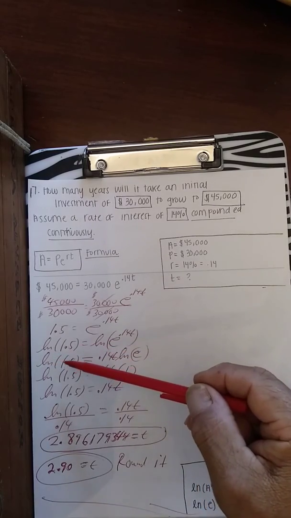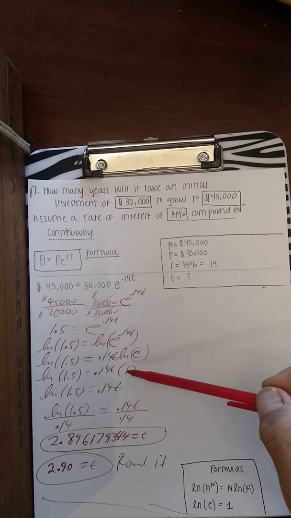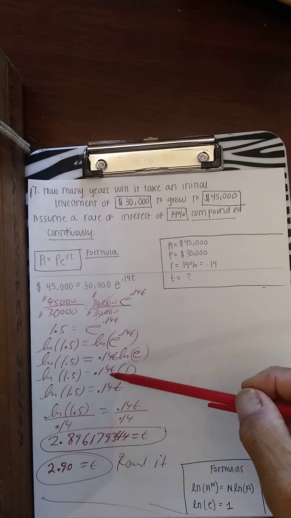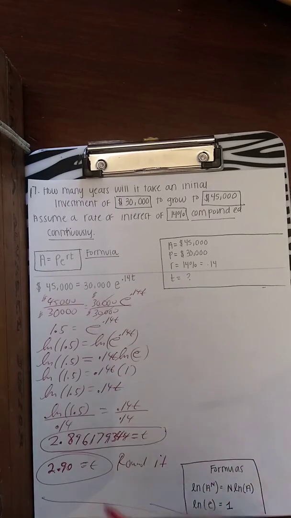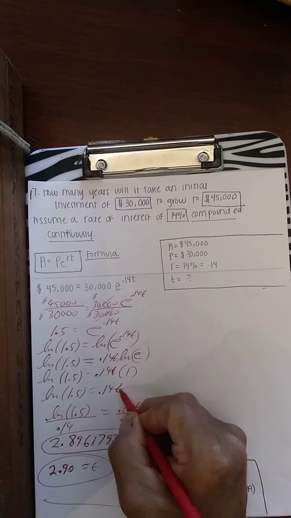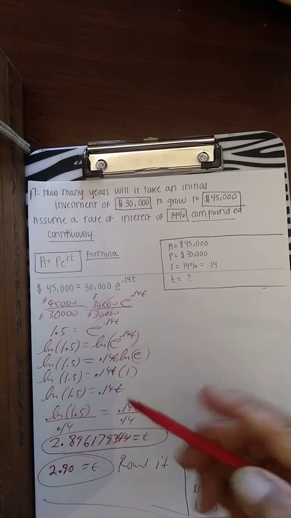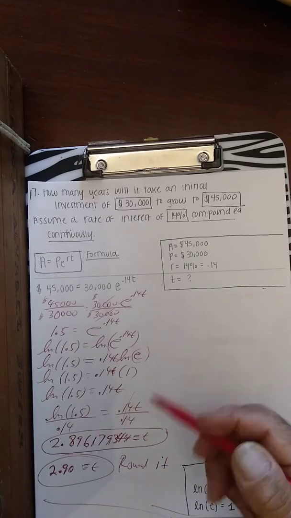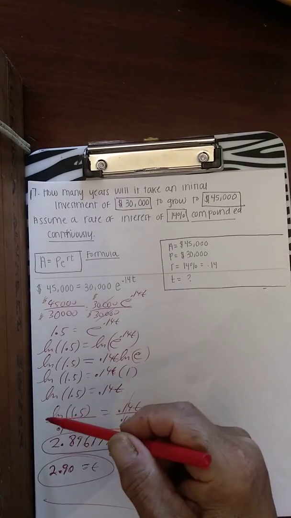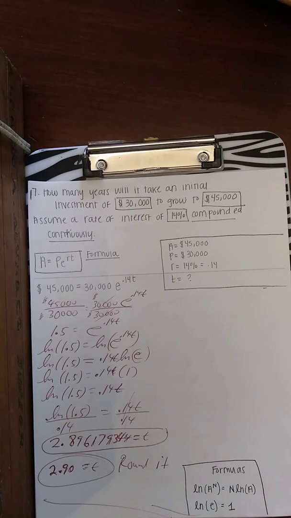So now we have ln of 1.5 equals 0.14t ln of e. ln of e is 1. And 1 times 0.14t gives you 0.14t. So now you still need to divide both sides by 0.14, and now these will cancel. So now, using your graphing calculator, you're going to get ln of 1.5 divided by 0.14.